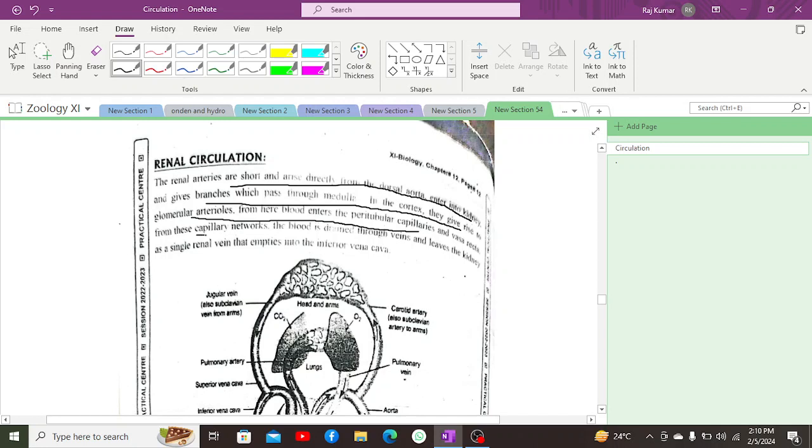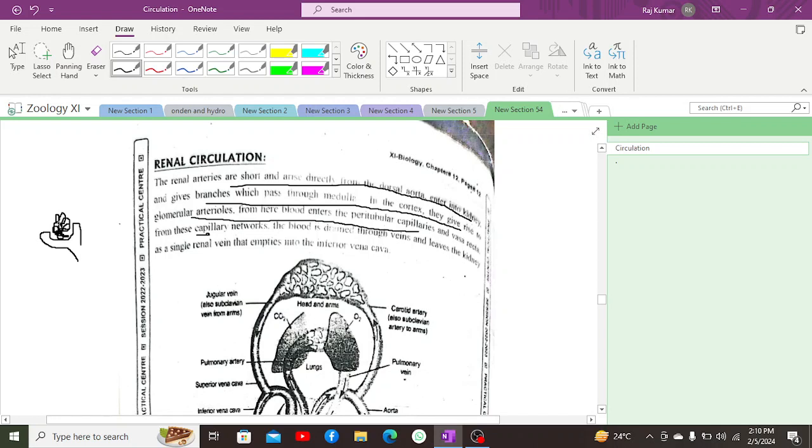You might already know how the structure of the nephron is formed. The glomerulus is the network of thin arterioles, and there is a capsule which is known as Bowman's capsule.